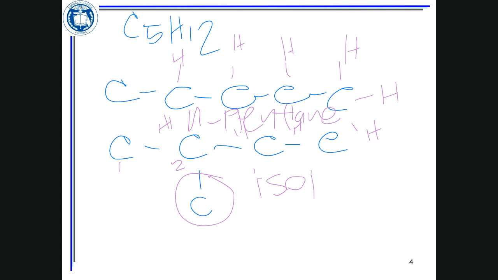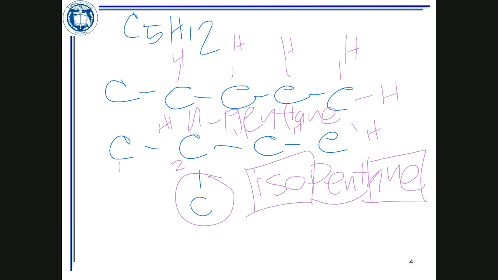So we call this one isopentane. "Ane" means all single bond, "pent" means a total of 5 carbons, and "iso" means that the methyl group is on carbon number 2.